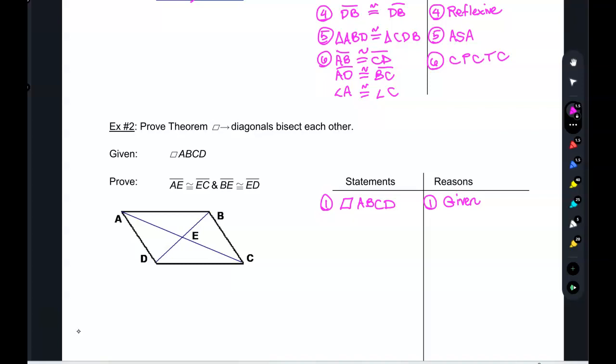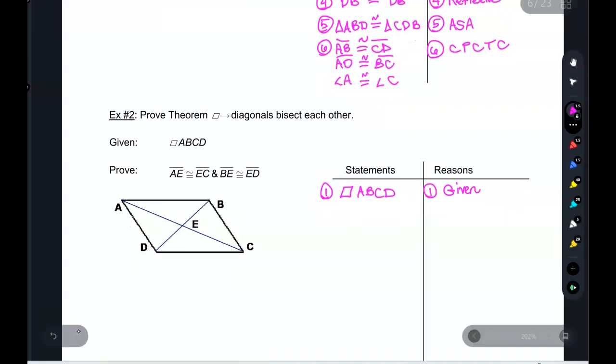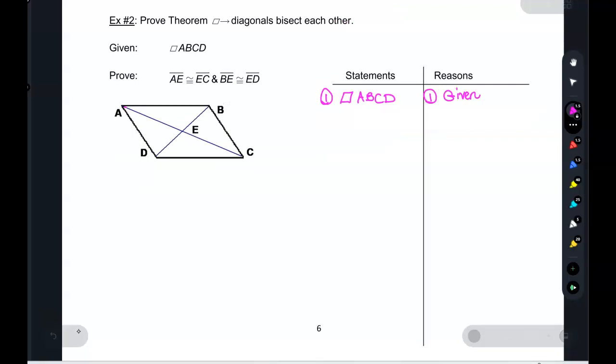Okay. Which do we want to do, the top and the bottom one or the two sides? The sides? It doesn't matter. I thought that's already a theorem. Yeah, they bisect each other. Yes, but remember we're trying to prove the theorem. So we can't use the theorem to prove the theorem because then all of our proofs would only be two steps.